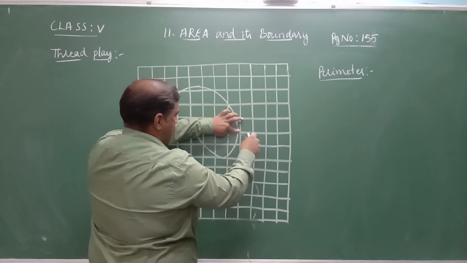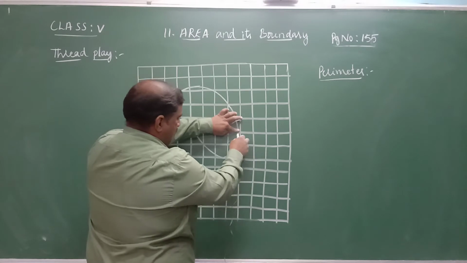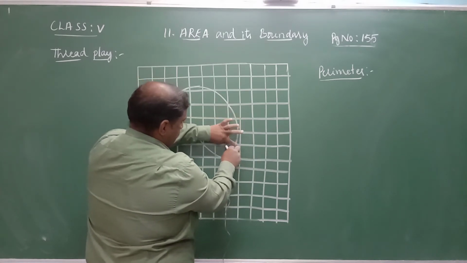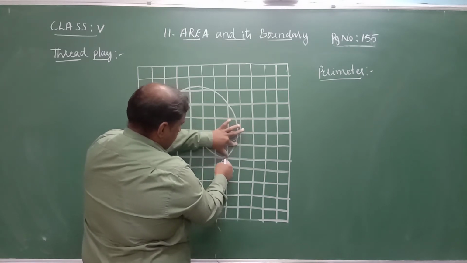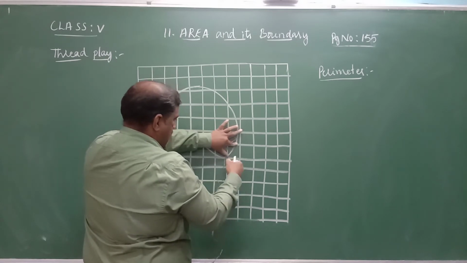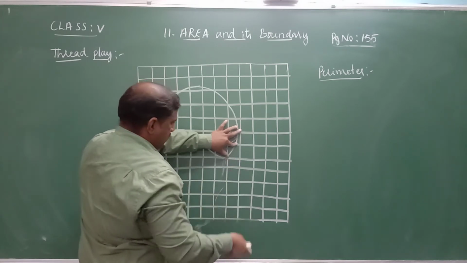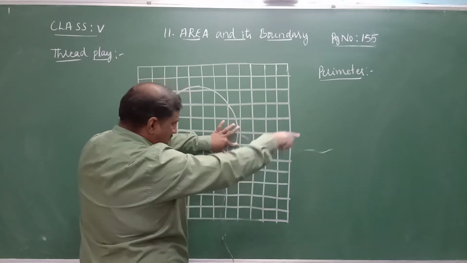Now you place it here, then from here to this corner. From here, don't get confused, this is the measured length.